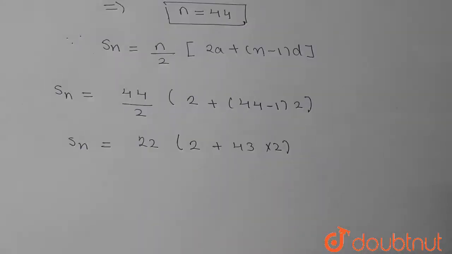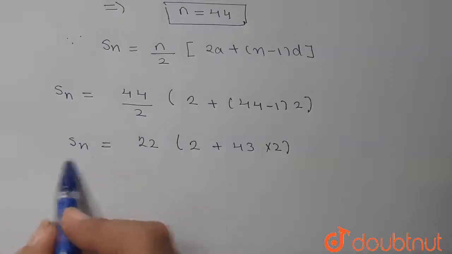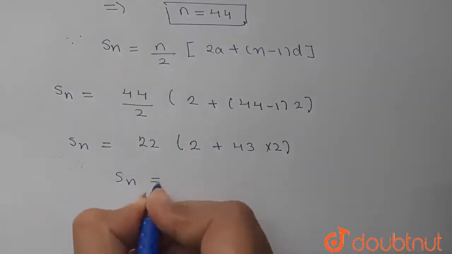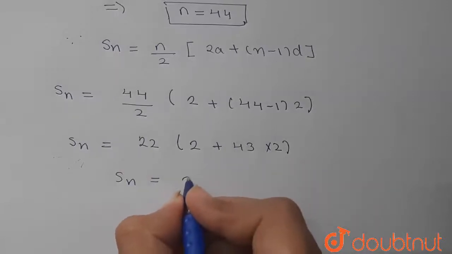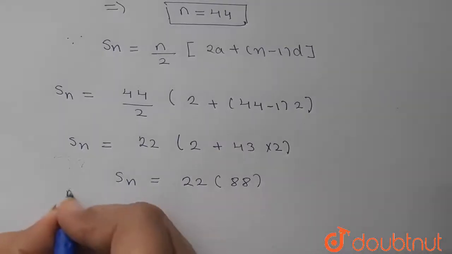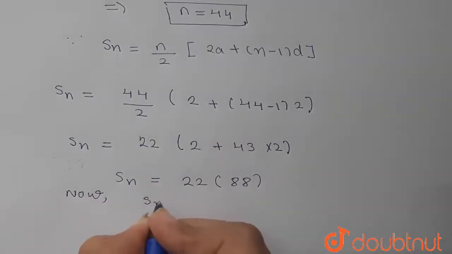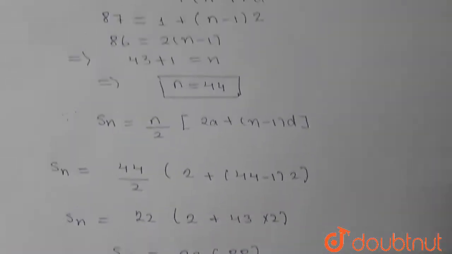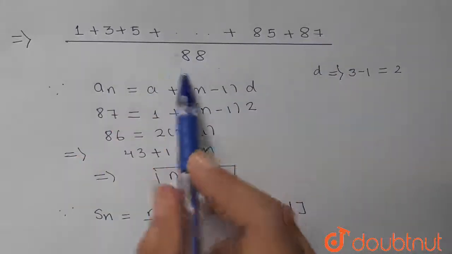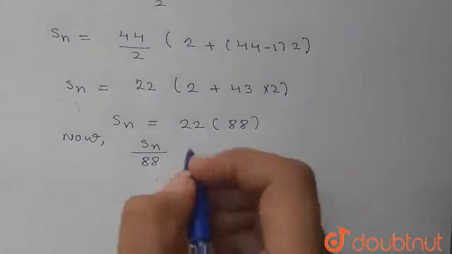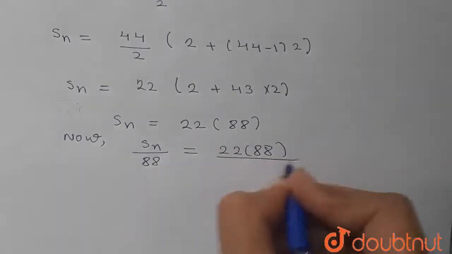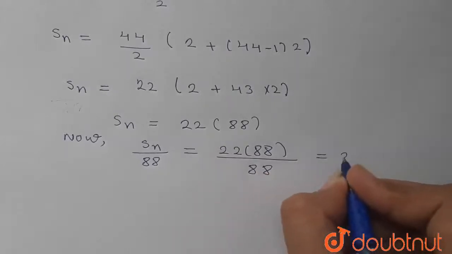First we solve the numerator part and then divide it by 88. Their addition gives us 88, so S_n is 22 into 88. Now we do S_n divided by 88, so 22 into 88 divided by 88 is equal to 22.